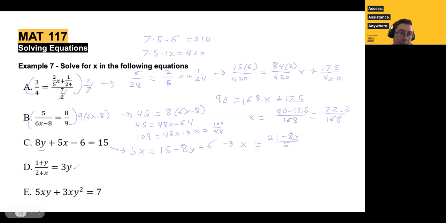Now this one, we would multiply both sides by 2 plus x. Distributing.